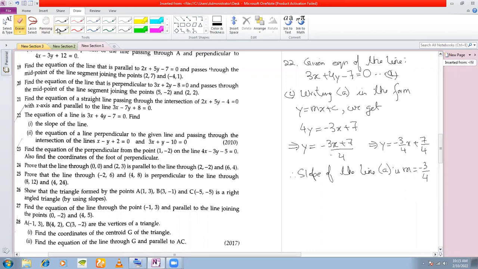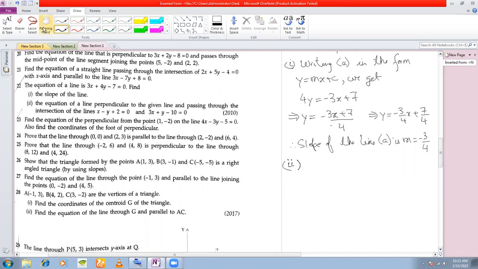The next part of the question states, find the equation of a line perpendicular to the given line. The given line means this line A. It is the equation of a line which is perpendicular to the given line and passing through the intersection of the lines.